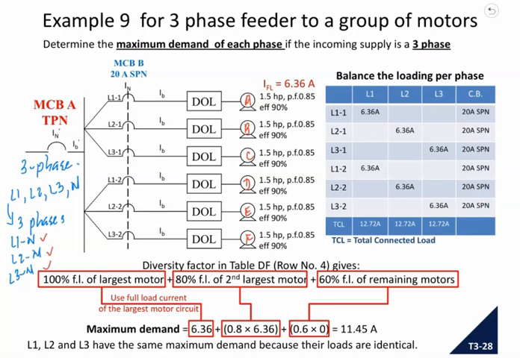So for three-phase system, we have to just focus on the largest. And in this case, there is no distinction because all the three of them are drawing the same amount of current. But for the purpose of this example, we look at phase 1.